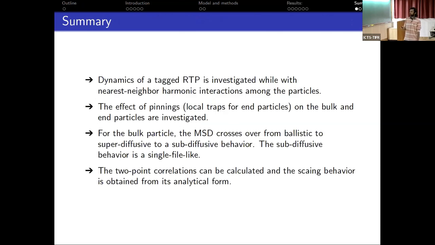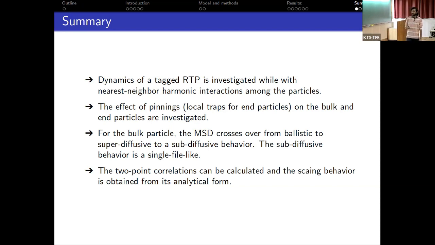To conclude, we looked at the dynamics of a tagged particle with nearest neighbor harmonic interactions, and we have also looked at the effect of local pinnings, for which we considered traps only at the end particles, and we looked at the behavior of the bulk particle in this condition.